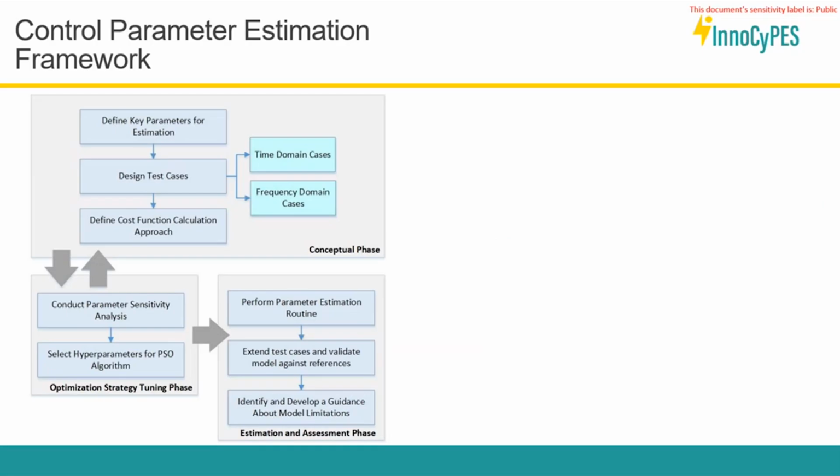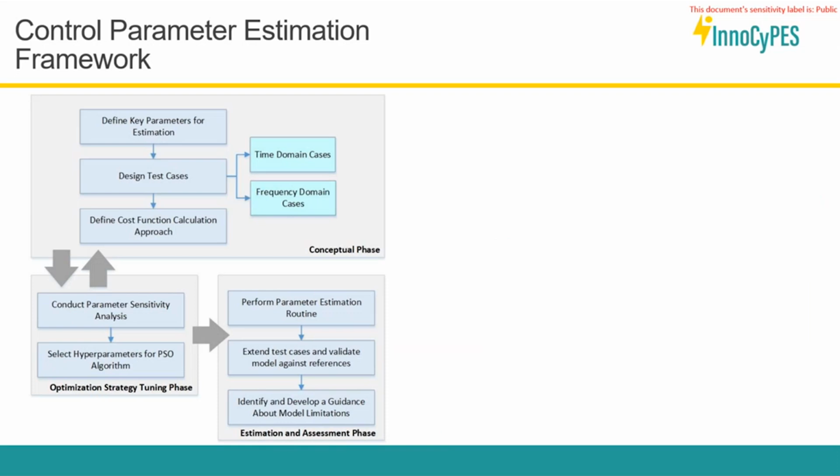And here we are proposing to use time domain data and also frequency domain data to help you calibrate these parameters. And then you can define the cost function calculation approach and so on. So it involves the error metrics that you use and how you calculate the cost. I will explain a little bit more later.